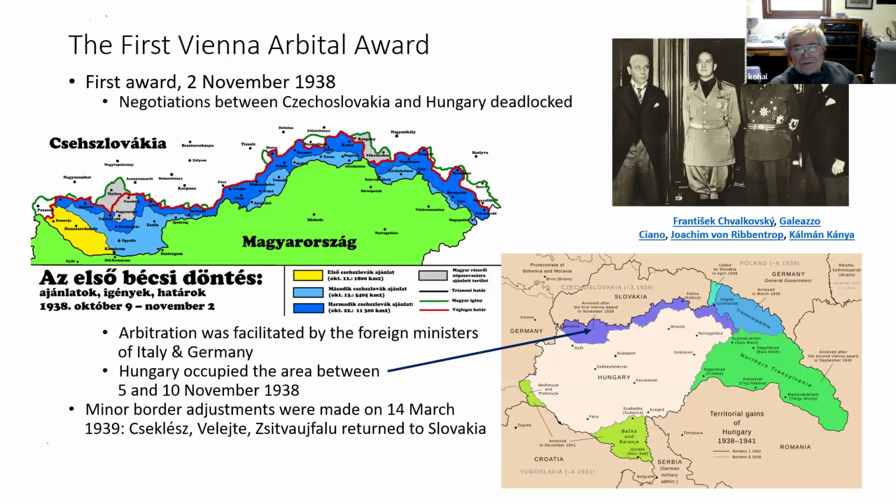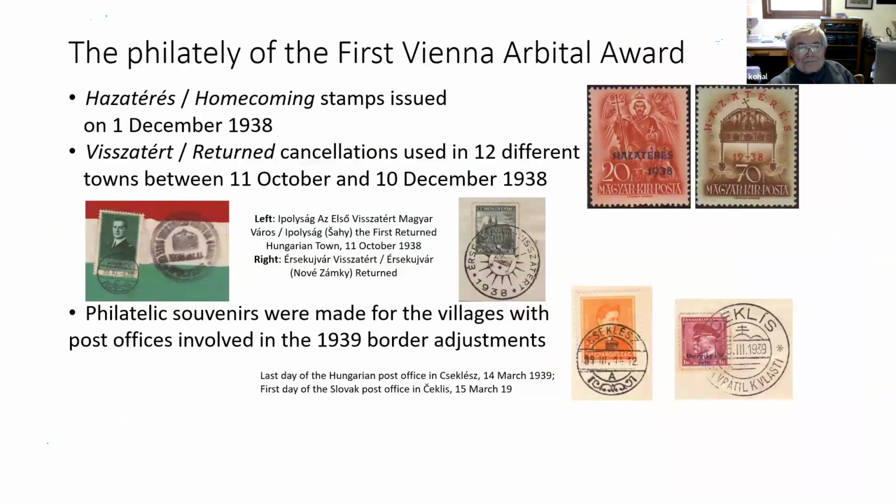The other smaller villages did not have. So as a result of these minor adjustments, the northern border was finalized with Slovakia until the closing days of World War II.